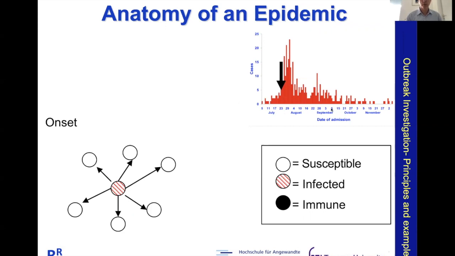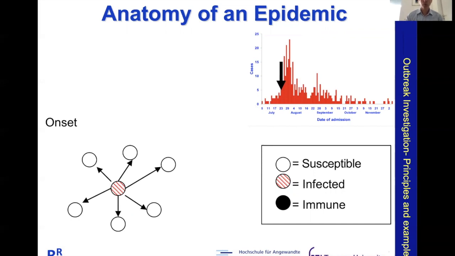Here in the top right-hand corner, you see an epidemic curve of an outbreak, an epidemic on Cyprus it was. But what happens during this? In the beginning, when we see the very first cases, you see one new infected, and almost all the contacts of the newly infected individuals are probably susceptible, thus white dots, susceptible to get the infection.